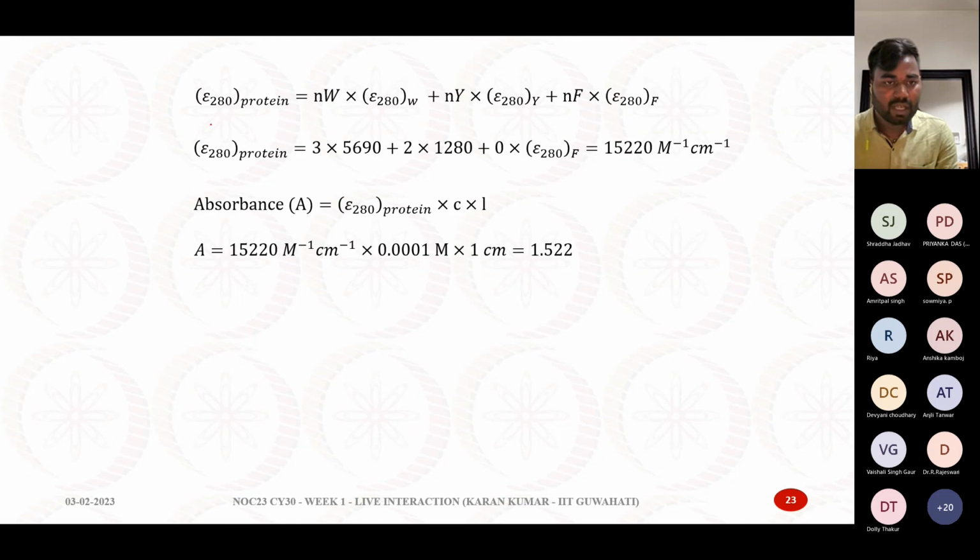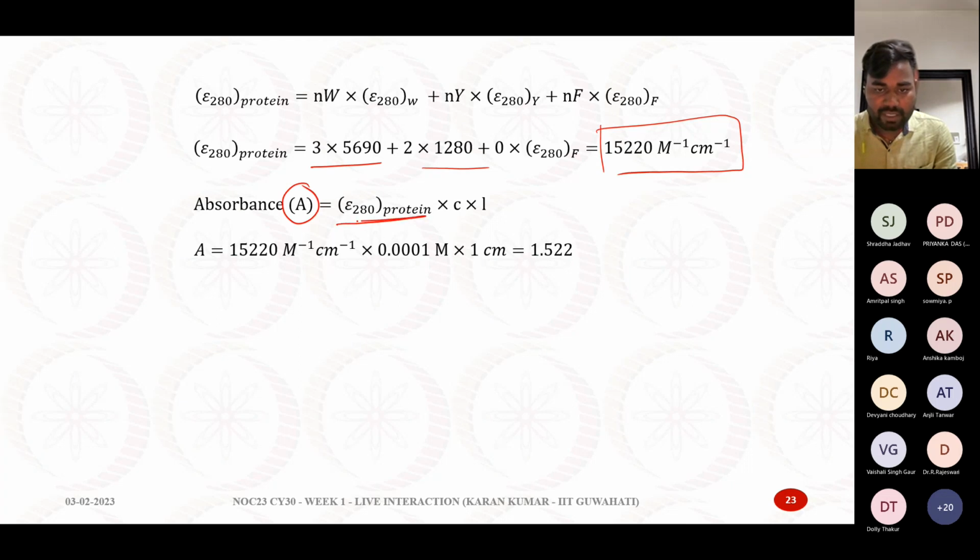Coming next, the calculation of epsilon for the protein, with the number of tryptophan and the number of tyrosine, and then you will reach the molar absorptivity coefficient. Now to calculate the absorption, you need the extinction coefficient that you have calculated here, then the concentration of protein in molar, so that the per molar cancels out, and the path length is 1 centimeter as given.